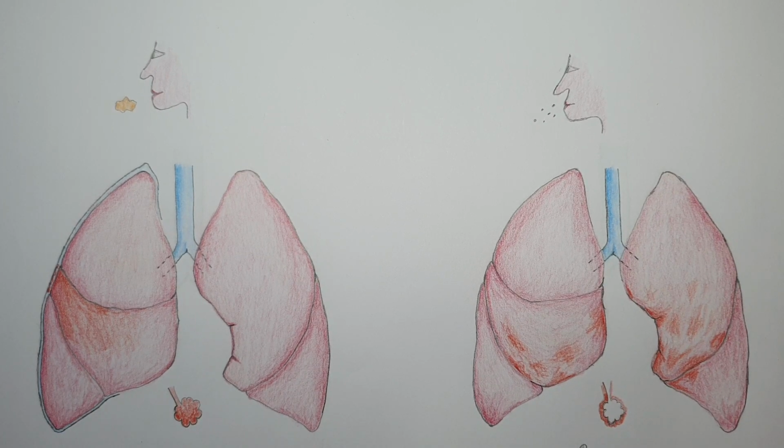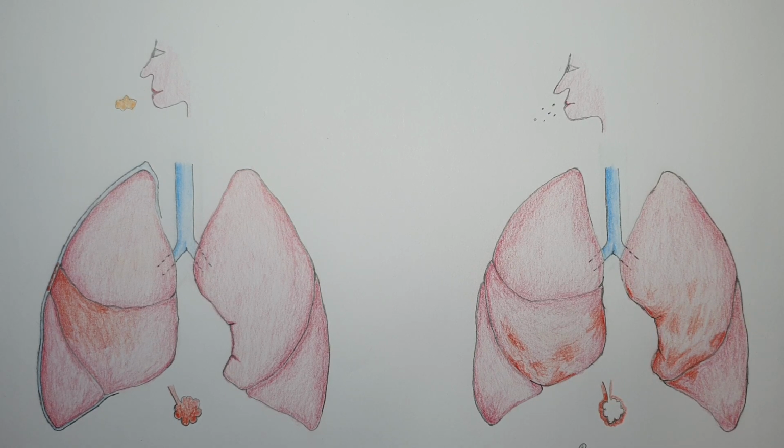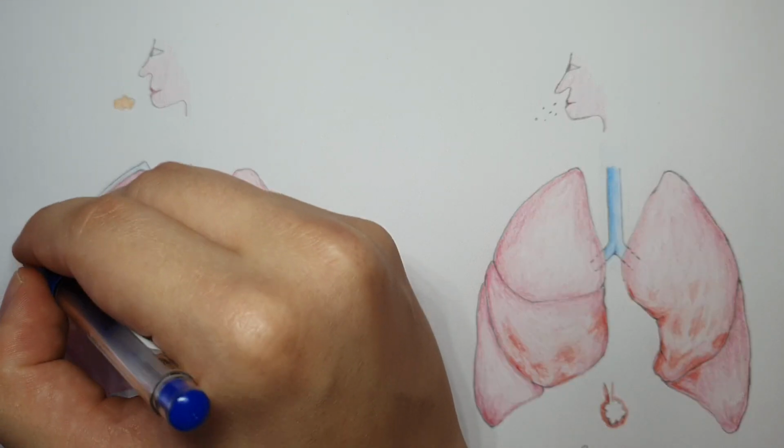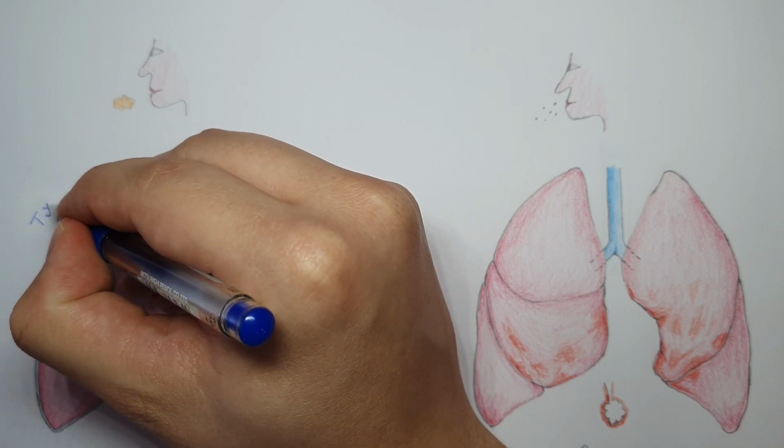Hello, people. So, what is the difference between a pneumonia we classify as typical and an atypical pneumonia? On the left side, I will try to explain the typical situation, a typical pneumonia pattern.